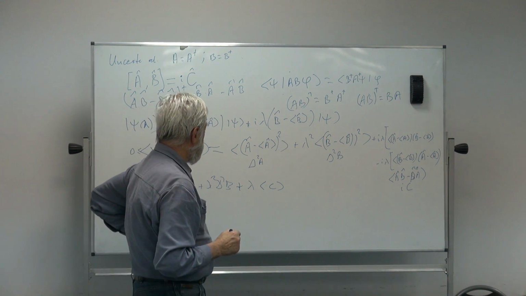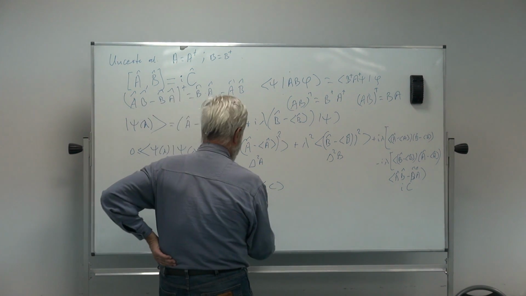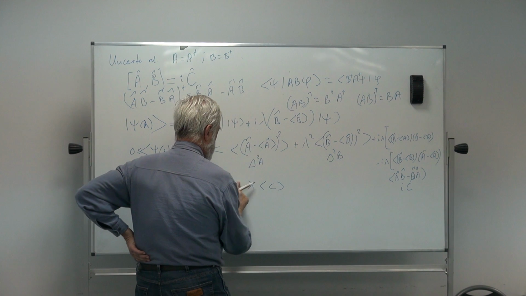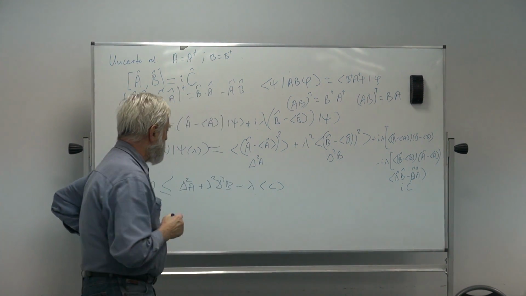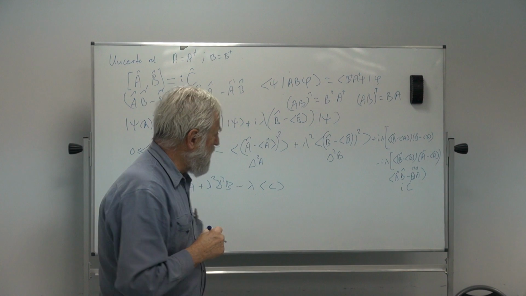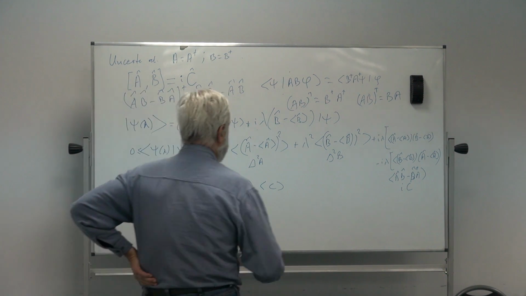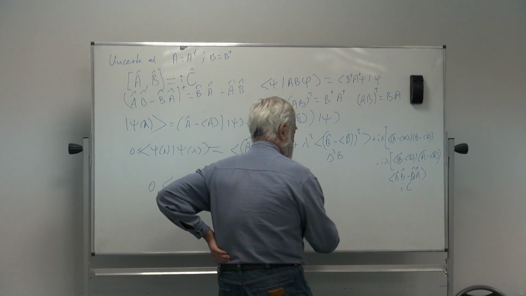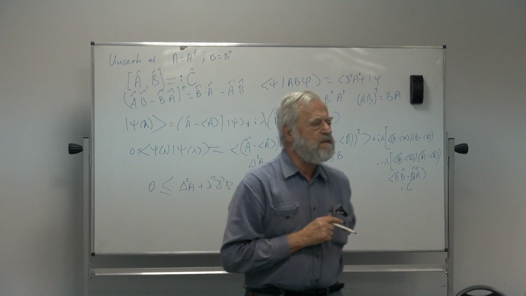Should there be minus lambda C? Maybe minus, but that doesn't matter, as you probably understand. So it's the so-called delta, the discriminant, as they call it. How is it called in English?